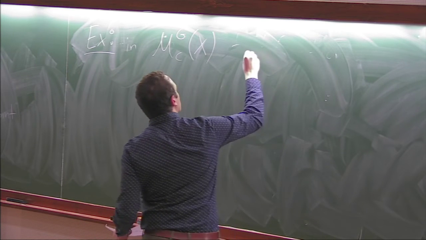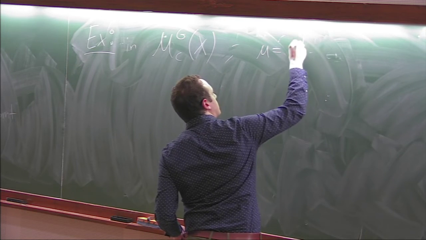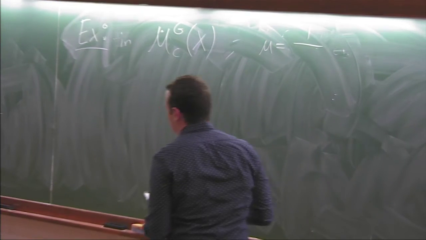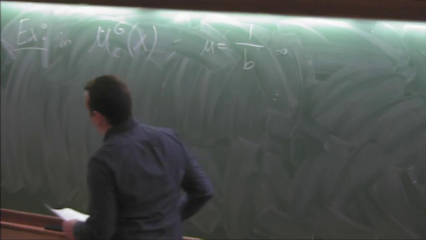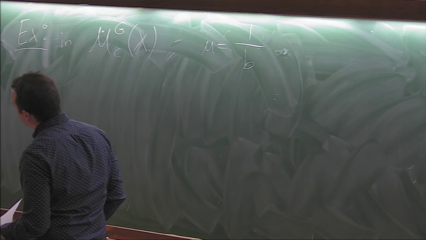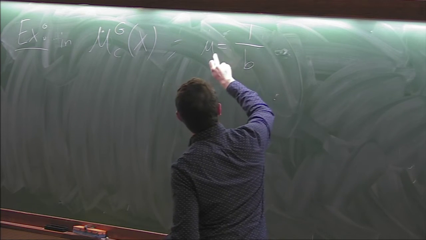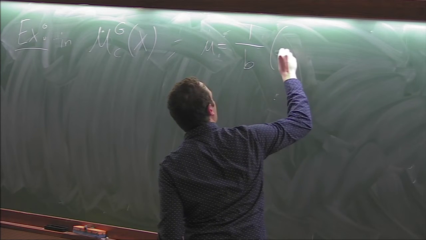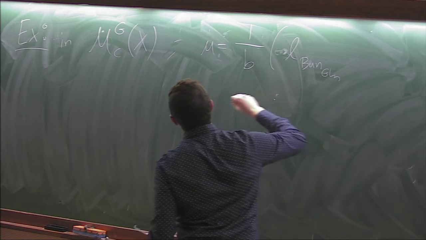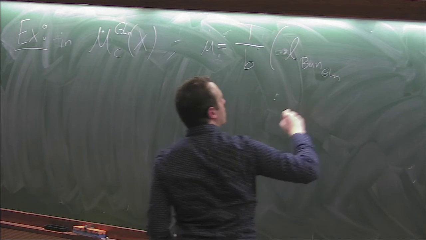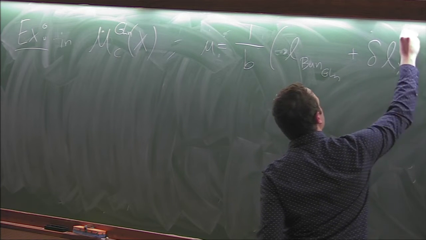So the example here is in MCG of X. The function mu is equal to 1 over b times L of Bun_G, or Bun_GLn. Let me just do GLn, because I can write down the formula, plus delta times Lx.